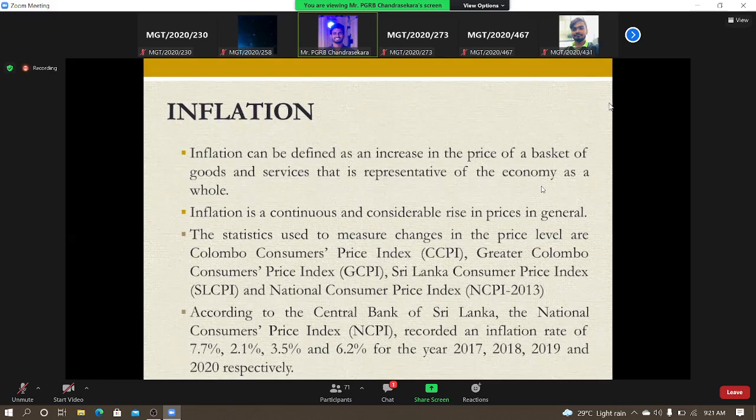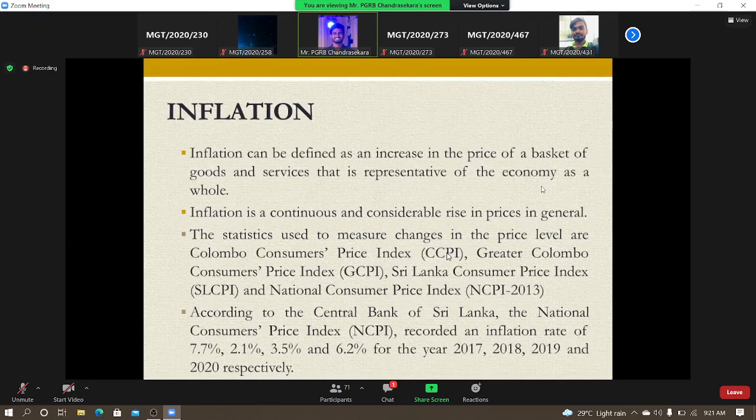That is the way that we do inflation. So inflation simply means the increase of the general price level of an economy in a particular time period. So the point of inflation is clear then.